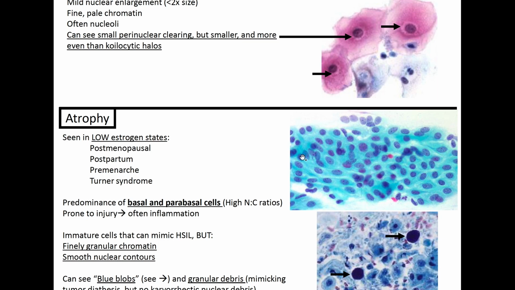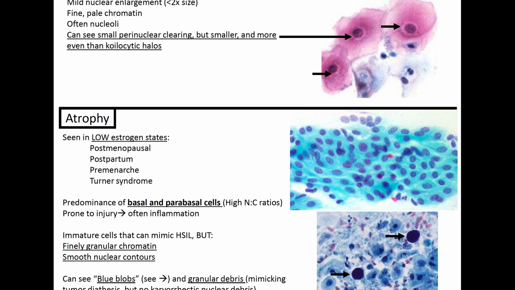So next up, we've got atrophy. Atrophy, as we're all familiar with, can be seen in low estrogen states. So that's postmenopausal, postpartum, premenarche, and Turner syndrome. These are all instances where estrogen is going to be lower, and you're having changes in your hormone levels, either based on something physiological that just happened, or an aging process, or something you're born with or genetically predisposed to.